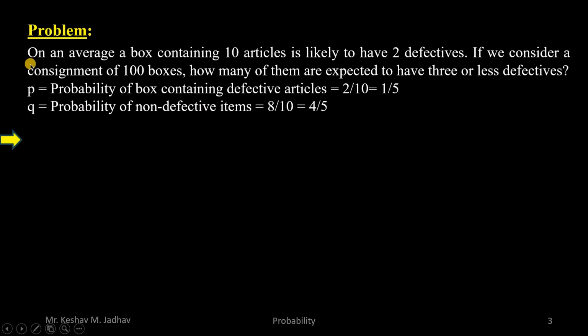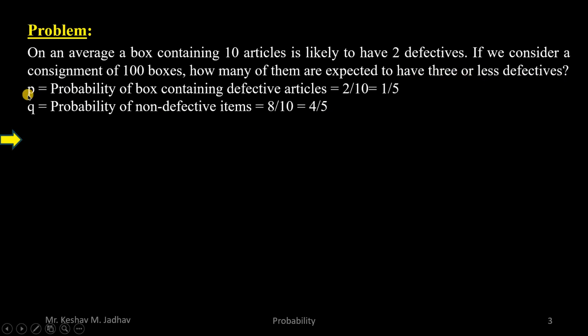Let us solve one problem based on binomial distribution. The problem is like this. On an average, a box containing 10 articles is likely to have 2 defectives. If we consider a consignment of 100 boxes, how many of them are expected to have 3 or less defective?